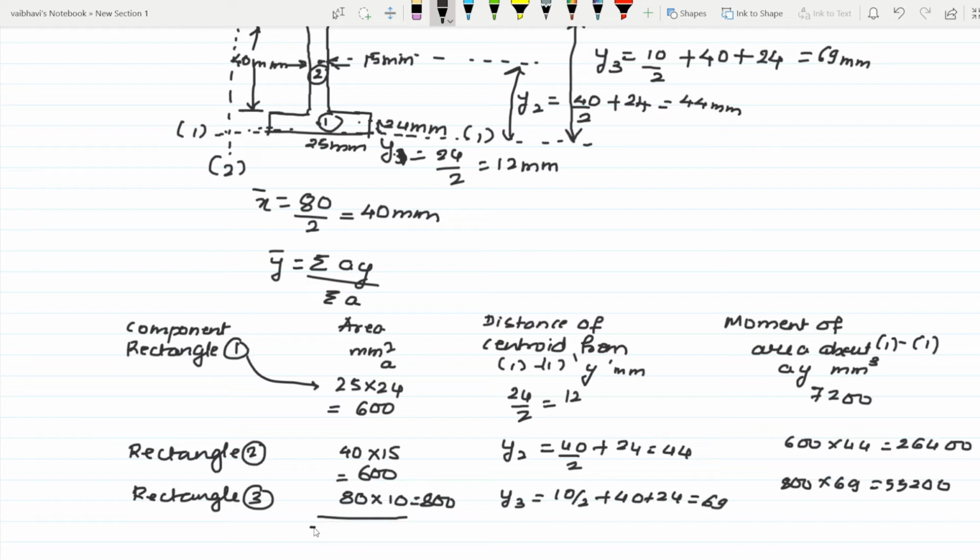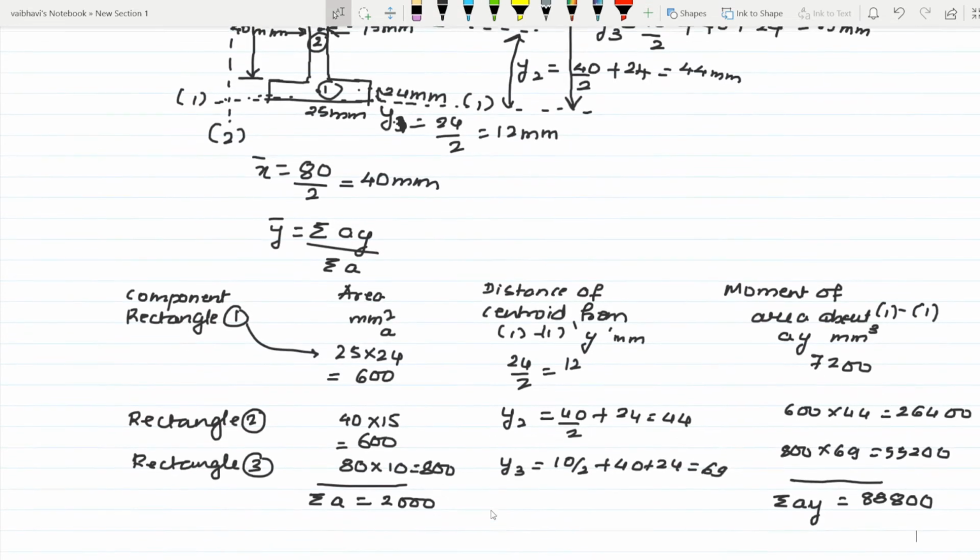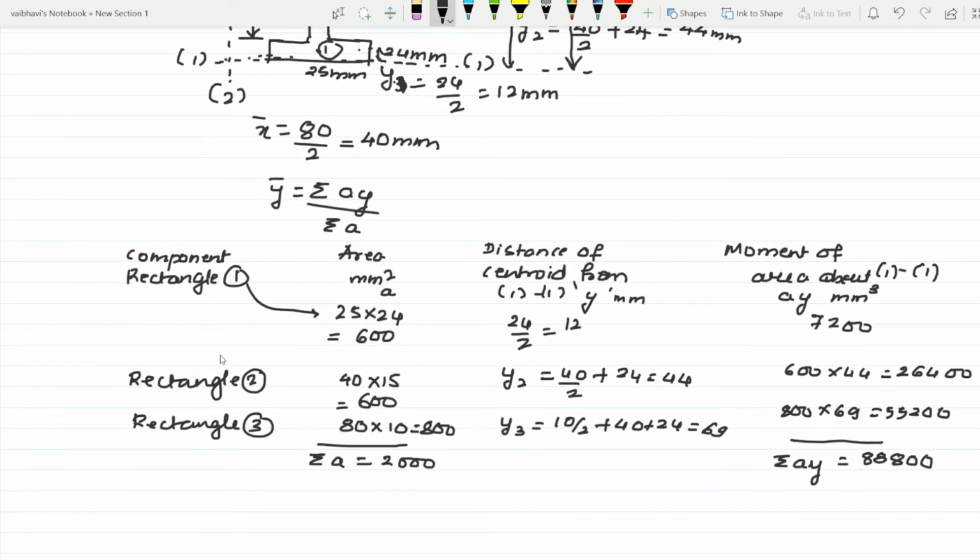Simple. So summation of A is equal to 600 plus 600 plus 800. We get 2000 mm square, and summation of AY equal to, we get 88800. Next, y bar. So y bar, we all know that y bar is equal to summation of ay divided by summation of a.